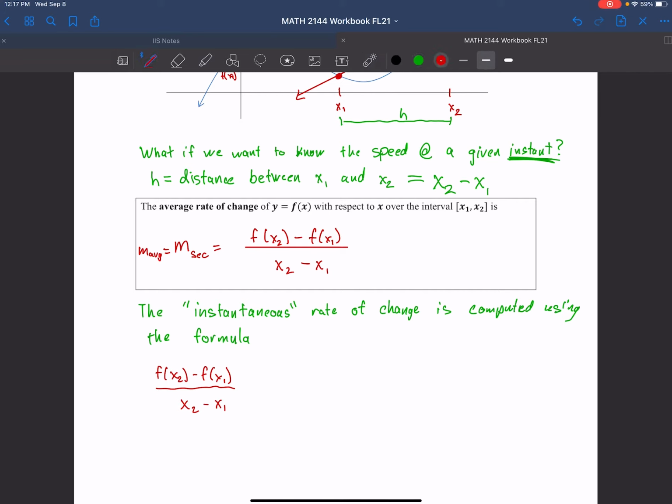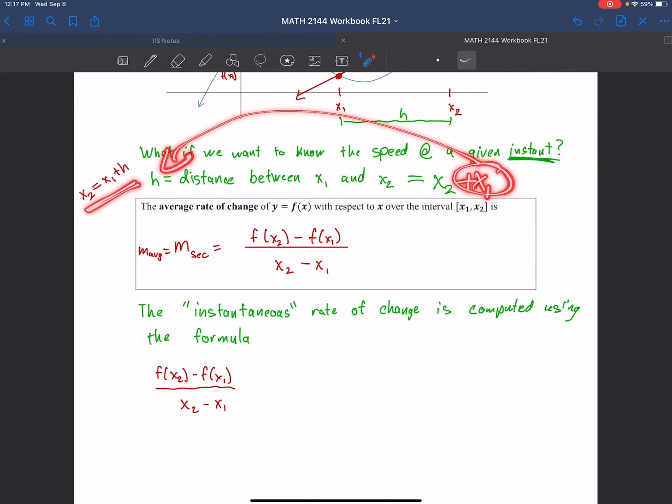Let me write this off to the side: this also means x2 is equal to x1 plus h. If h is the difference, then if we add x1 to both sides, we end up with x2 equal to x1 plus h.